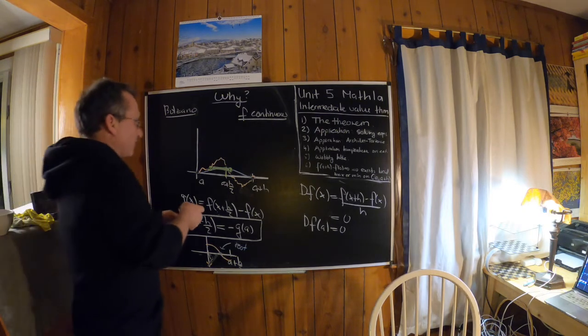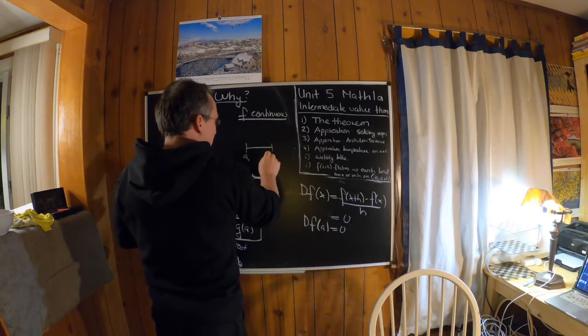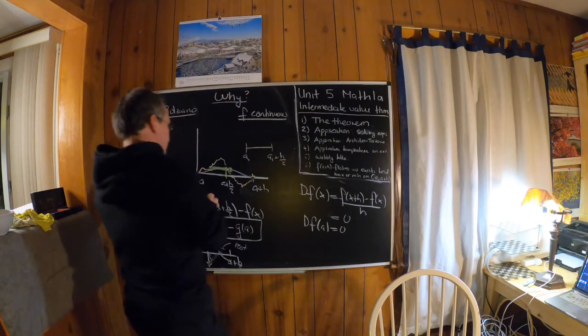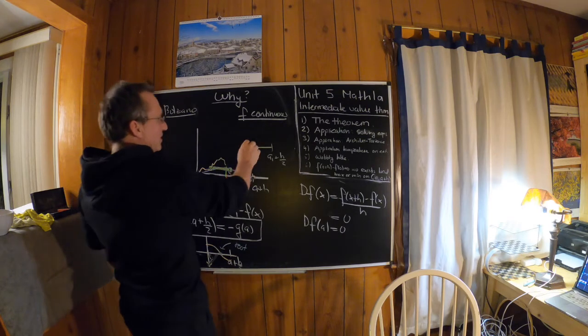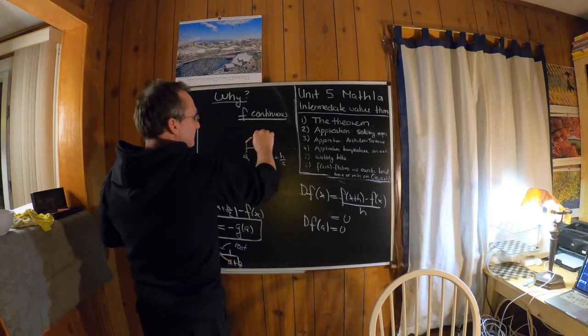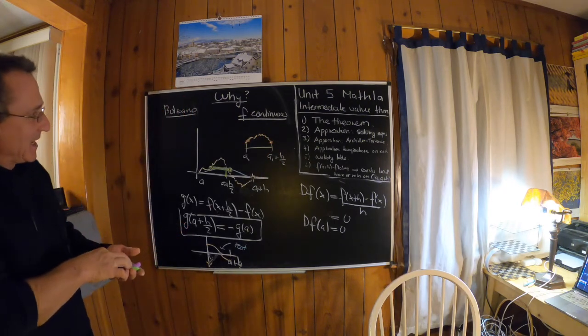So now we have found a new interval, a1 plus h over 2, such that the function now is the same here and here. Same. Now we can repeat that argument.